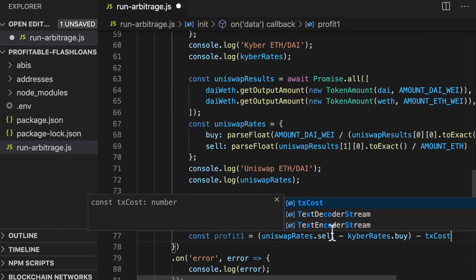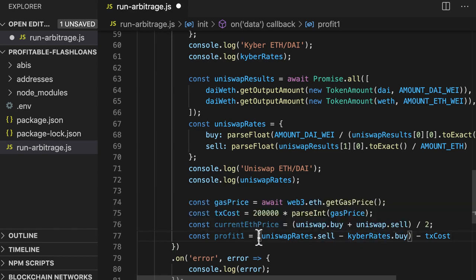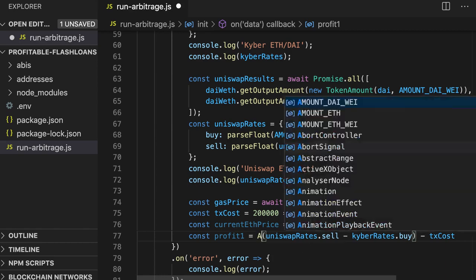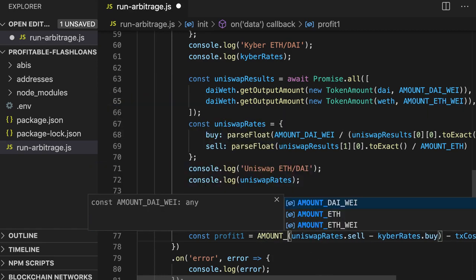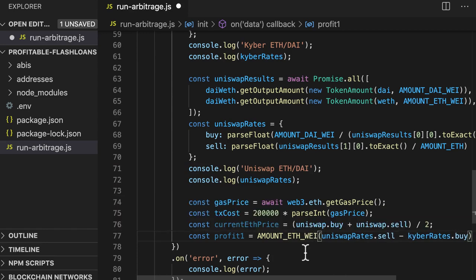So first, for Uniswap minus Kyber rates, we need to take into consideration the amount that we buy. So that's amount ETH in wei, but we don't want the profit in wei because this is going to be a huge number. We want the profit in dollar. Well, technically this is going to be the profit in DAI, but this is almost the same thing.